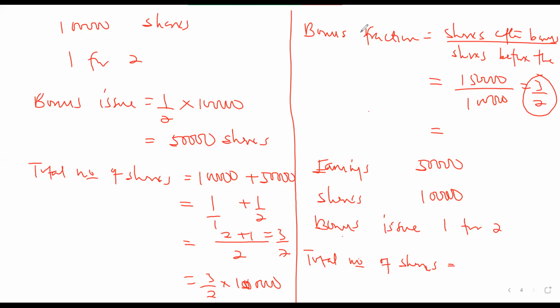So that will give us 100,000 plus 1/2 multiplied by 100,000. That will give us 150,000. This is now the total number of shares. So our basic earnings per share for this year will be 50,000 divided by 150,000.